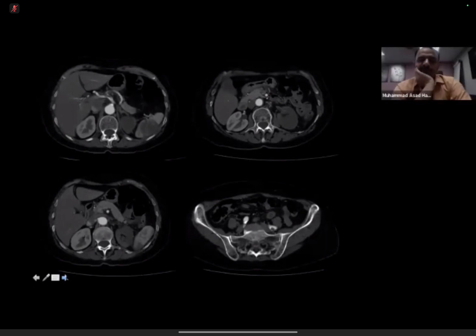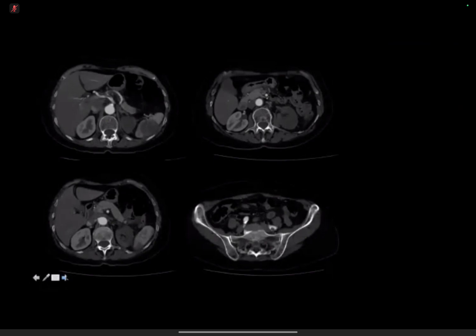I would recommend you to go through the findings again. You have described 2 findings, but there are more findings. All right. You come to know what's the diagnosis there. Yeah. I can see also the liver is homogeneous, but yet the right and the left common iliac artery.